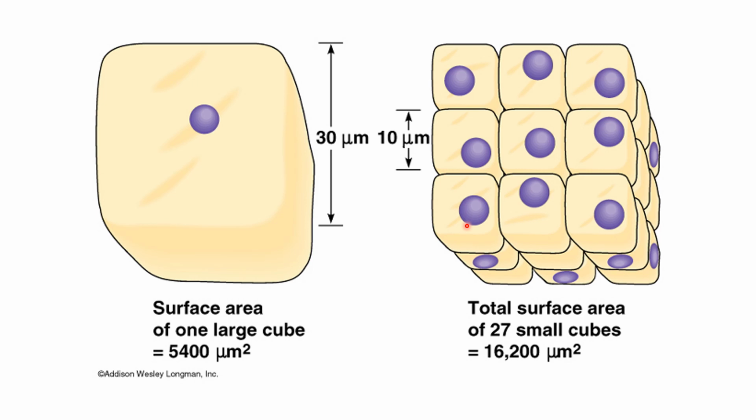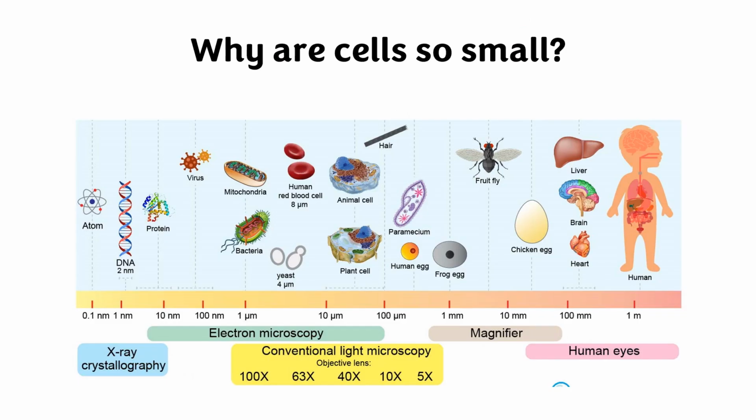So having a higher surface area actually means that nutrients, gases, or waste can move in or move out relatively quickly, and our cells can get the nutrients, gases, or whatever they need fast and effectively.